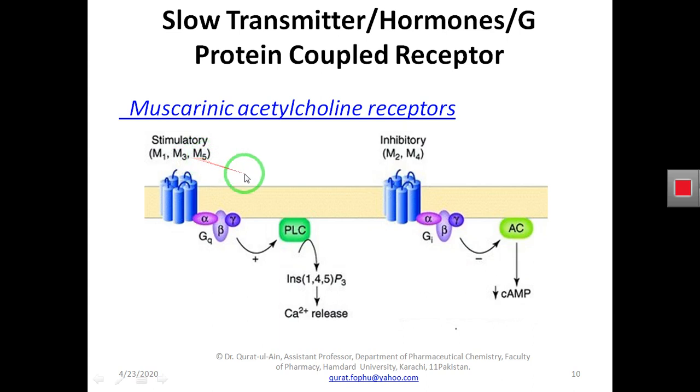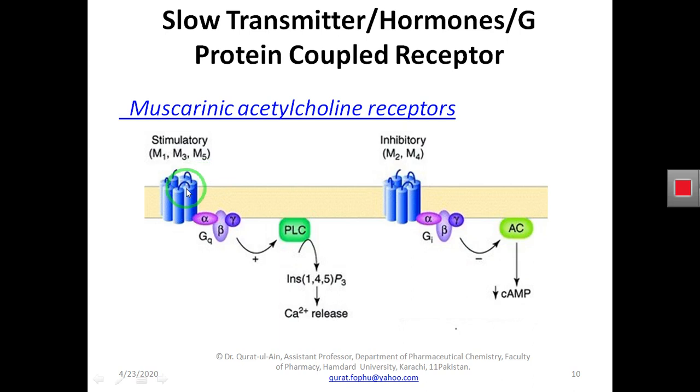The stimulation and inhibition depend on the G protein, which remains bound inside the plasma membrane in an inactive form, the GDP bound form, and is present away from the receptor during the inactive state. So what happens when a ligand binds to the receptor binding site?